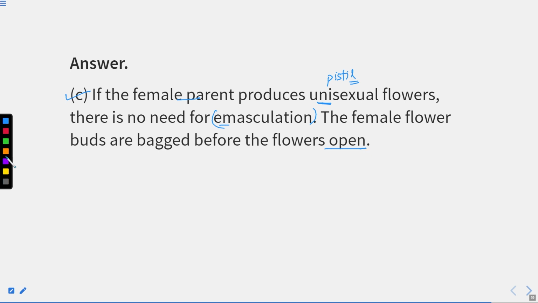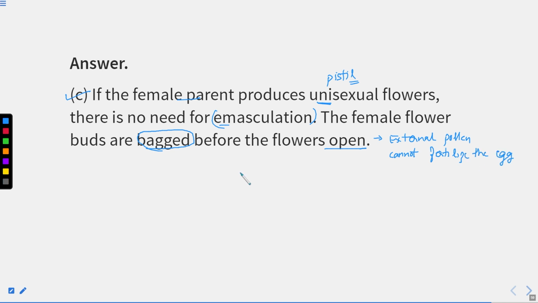Why are they bagged? So that external pollen cannot fertilize the egg cell.